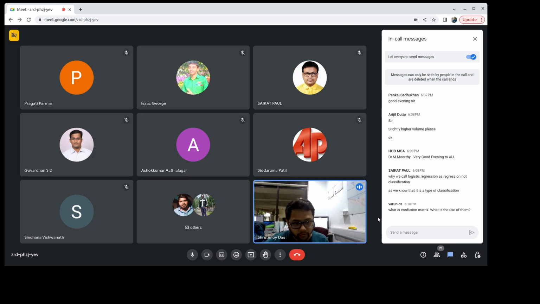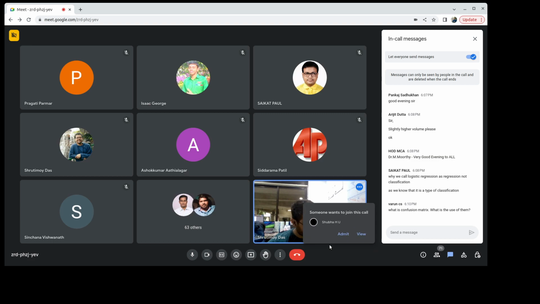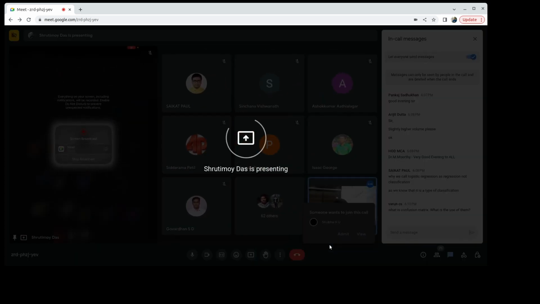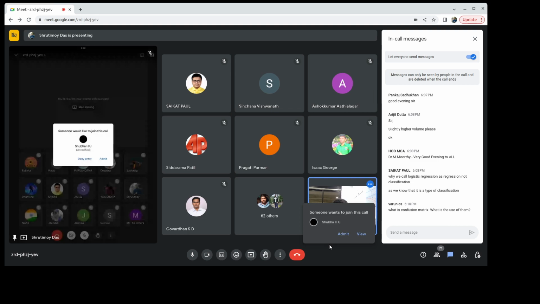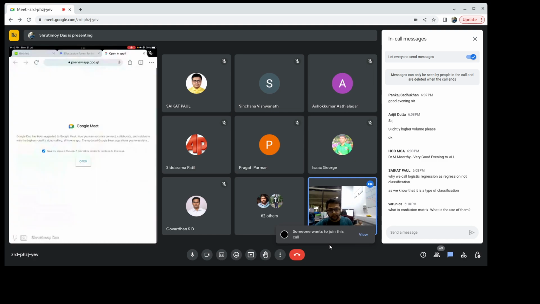So Varun has asked what is a confusion matrix. Okay, let me share my screen. Is my screen visible?